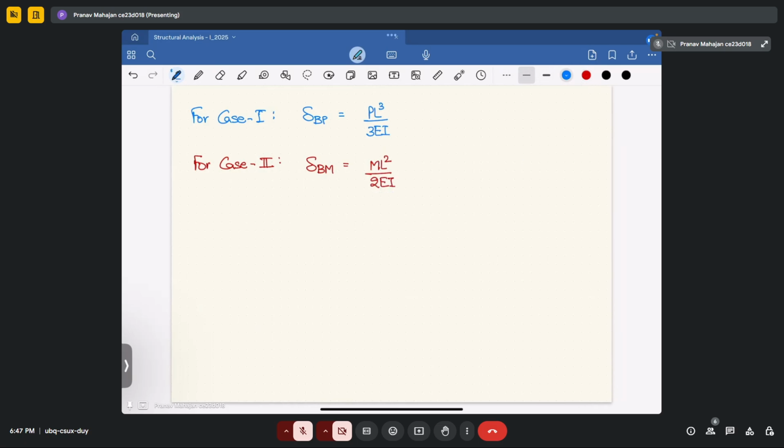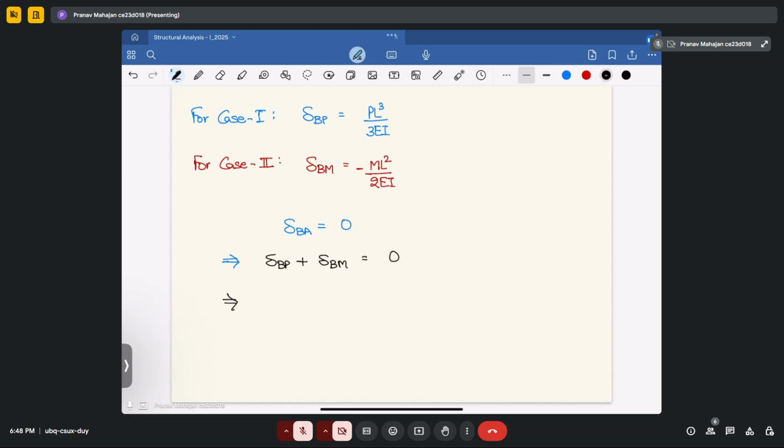Now, what is given to you? Given is delta at B with respect to A is equal to 0. That means, let me write this also. Suppose I am taking this as positive and this will be negative, because one is in the upward direction and the other is in the downward direction. That means your delta BP plus delta BM should be equal to 0.